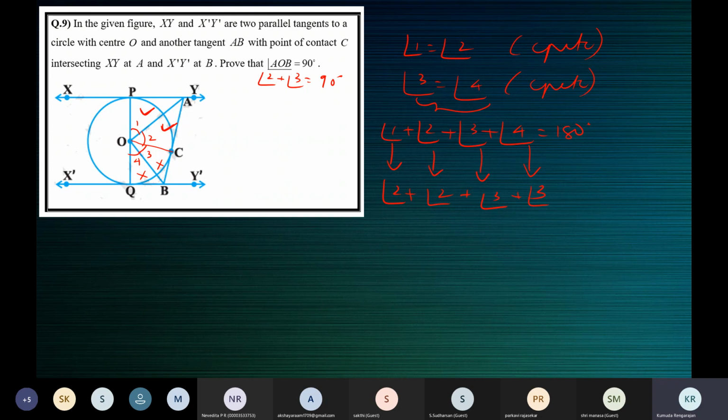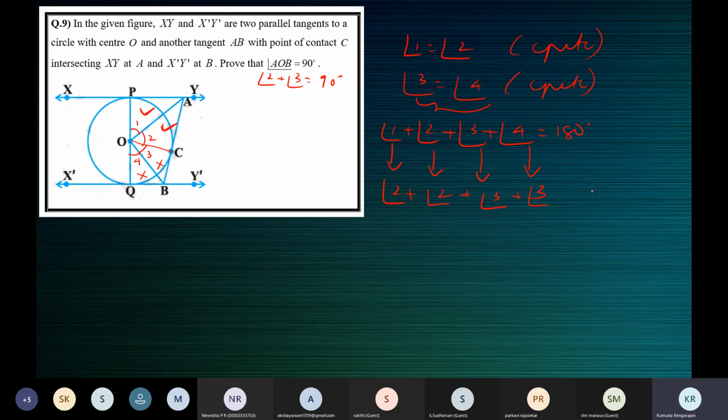So take away 1 and 4. What is 1? It's 2. And what is 4? It's 3.